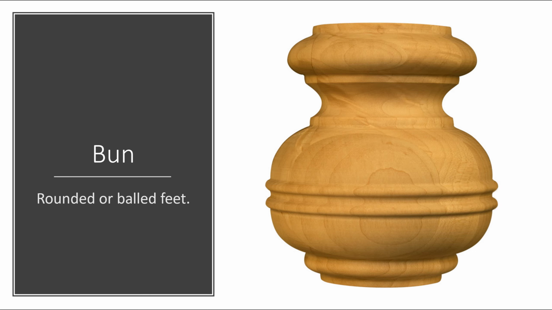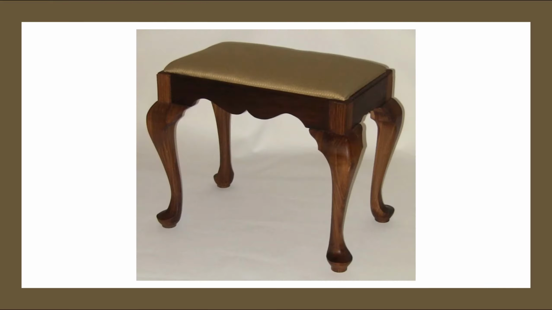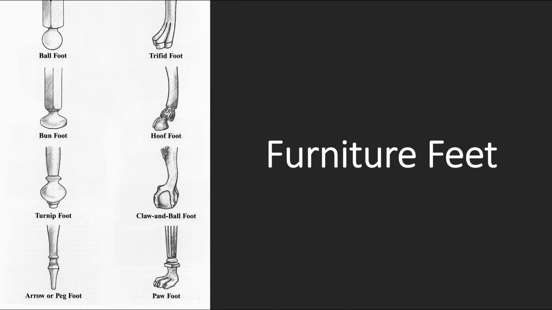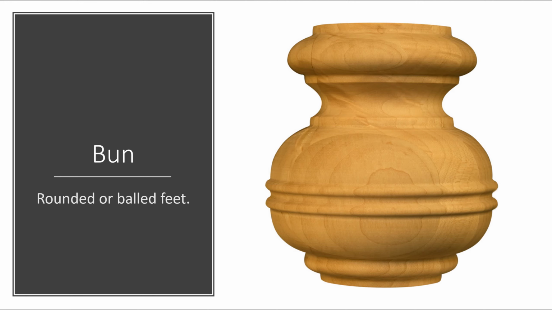These are rounded or bald feet, and then you also have a turnip style of these. Let me go back. If you look at the 3rd foot down on the left side, that's similar to a bun foot, but it's got a skinnier piece towards the bottom, like an extra piece. That would be a turnip foot. We're not talking about turnip feet in this class, but I just wanted to let you know that those are the 2 versions of a bun foot.